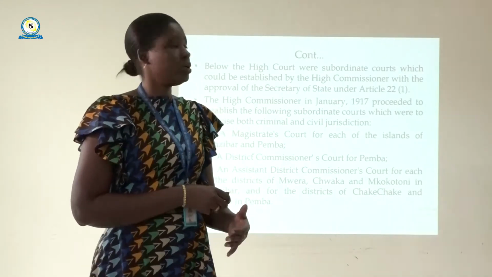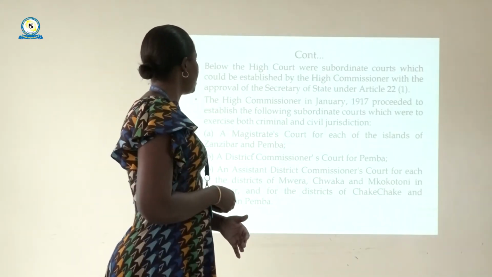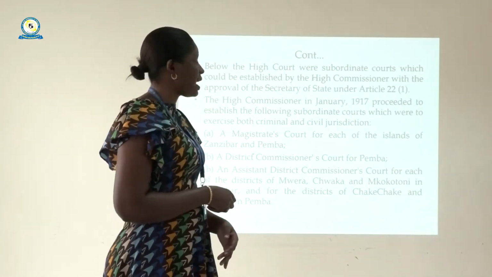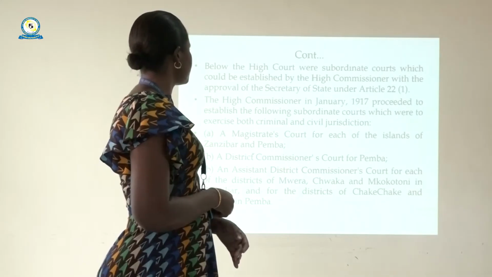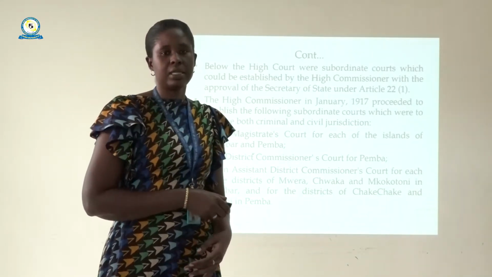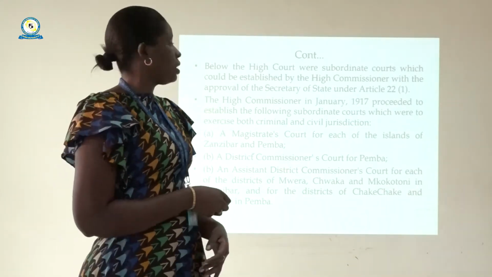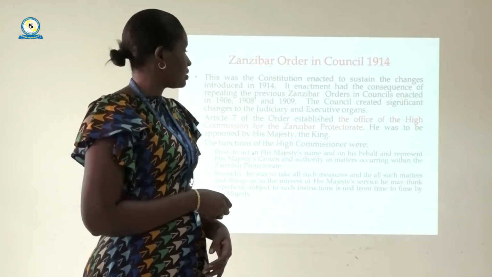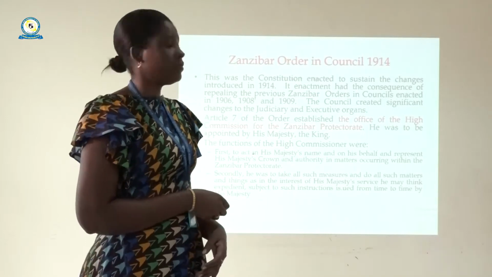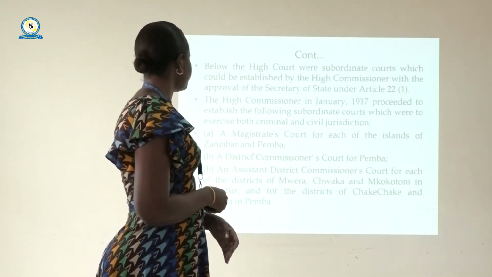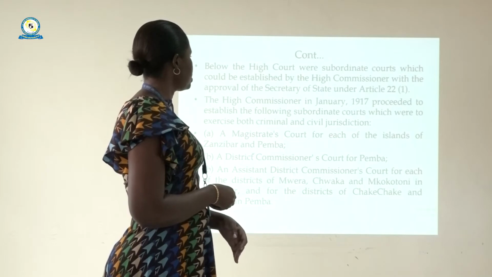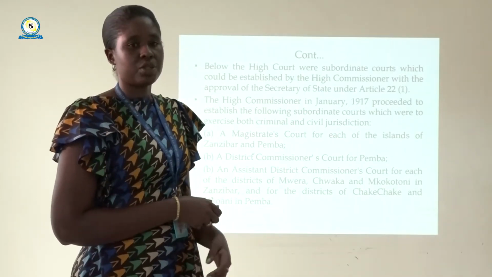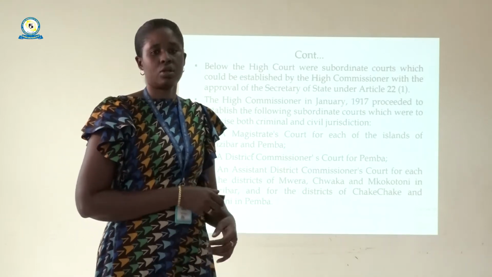Below the High Court of Zanzibar, there were subordinate courts which could be established by the High Commissioner. This is seen under Article 22, Sub-Article 1 of the Order in Council of 1914. The High Commissioner in January 1917 proceeded to establish the following subordinate courts.